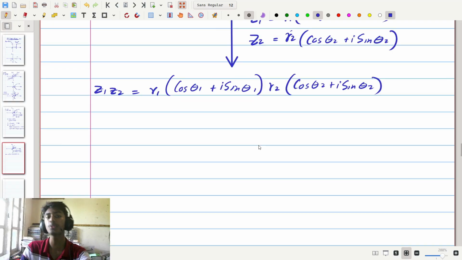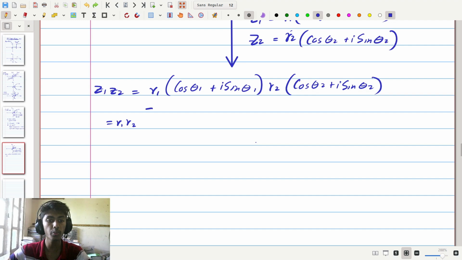And now what we can do is to take this r1 and r2 to the left hand side, r1 times r2 times, and then we can see this term has two terms on the inside of it, cosine theta 1 and i sine theta 1, and this term also has two terms on the inside, cosine theta 2 and i sine theta 2, and therefore if we multiply this term by this term, we are going to get 4 total terms.